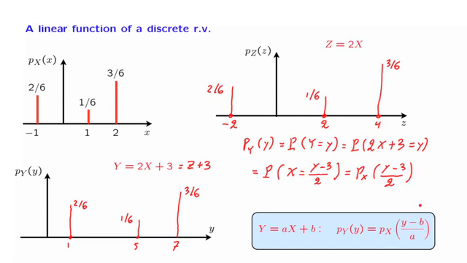We use b instead of the specific number 3, and we have a general constant a instead of the 2 that we had in this example. And this formula describes exactly what we did graphically in our previous example. This factor of a here serves to stretch the PMF by a factor of a, and this term b here serves to shift the PMF by b.